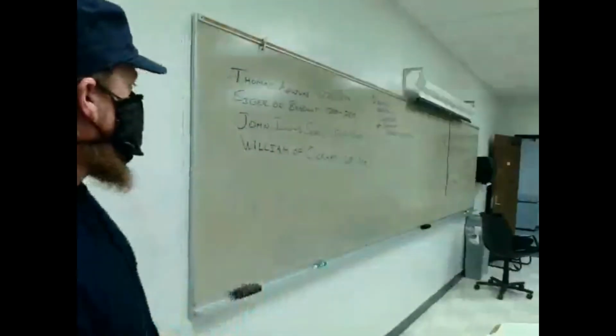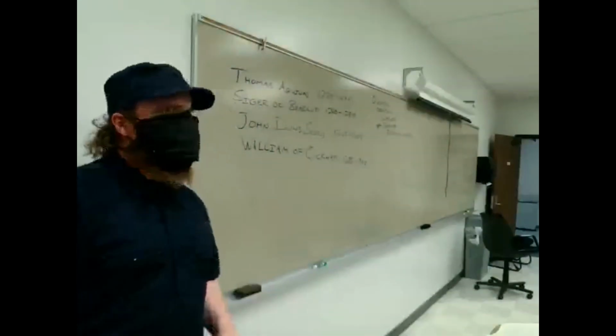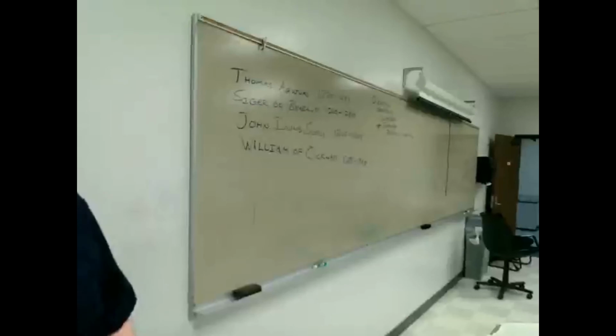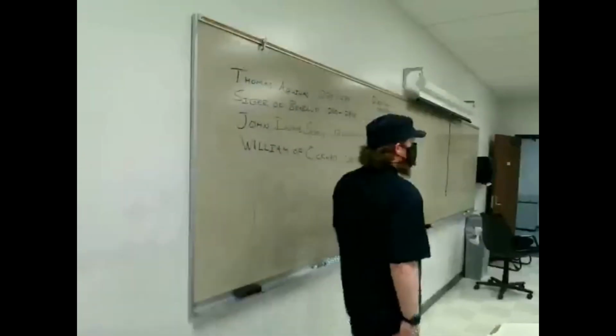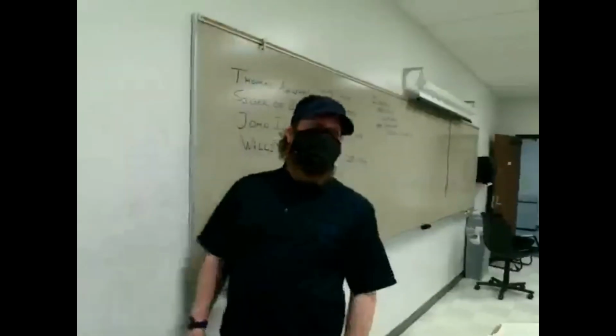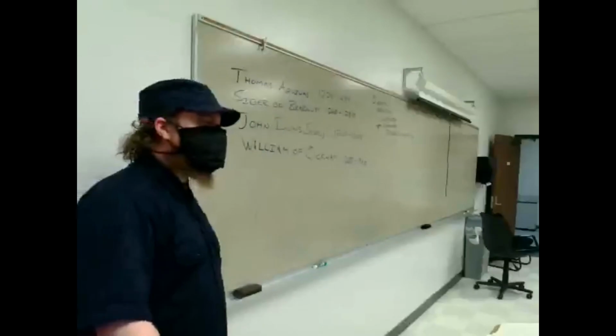Both Scotus and Ockham are Franciscans, so followers of the Order of St. Francis. Both considered the most important thinkers of the late Middle Ages, after Thomas, but before the Protestant Reformations.